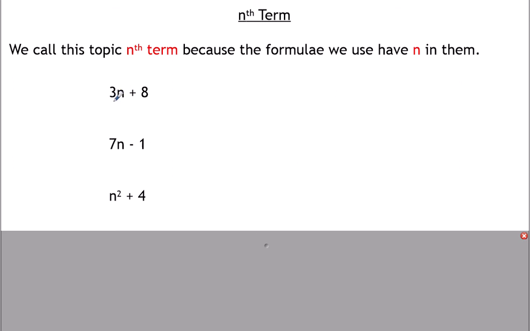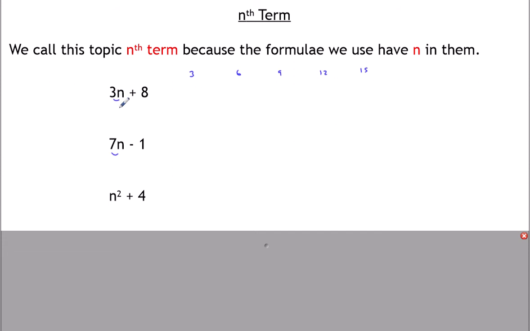These first two are based on times tables. It means 3 times n plus 8, and because we're timesing by 3, it's like the 3 times table. So 3 times 1 is 3, 3 times 2 is 6, 3 times 3 is 9, 3 times 4 is 12, and 3 times 5 is 15. So that's the 3n part.